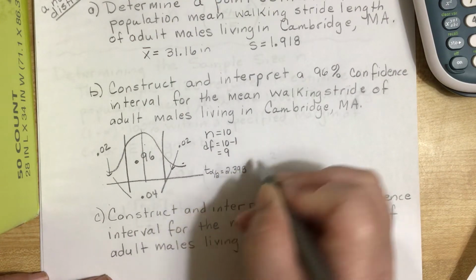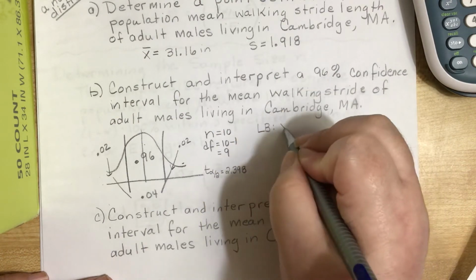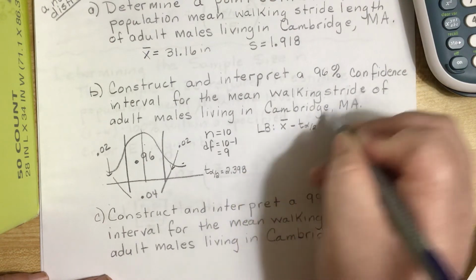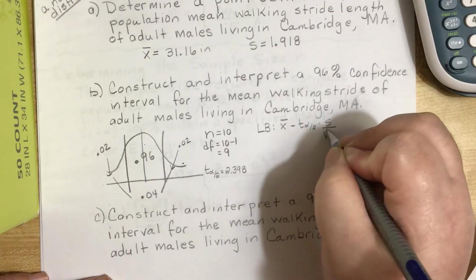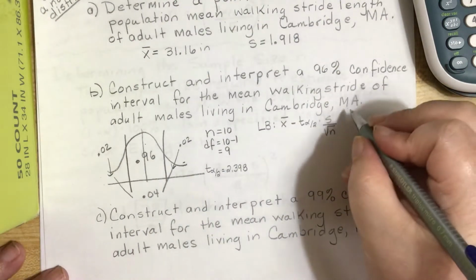We know that our lower bound is our sample mean minus our critical value times the standard deviation over the square root of n.